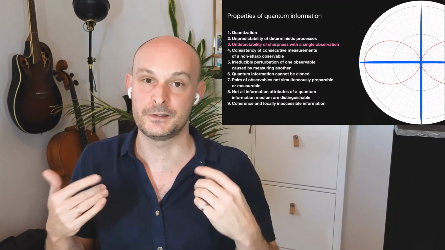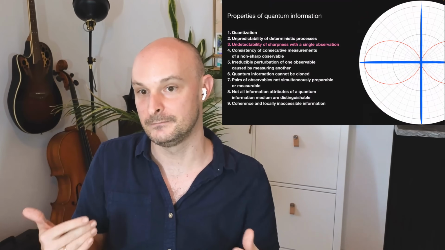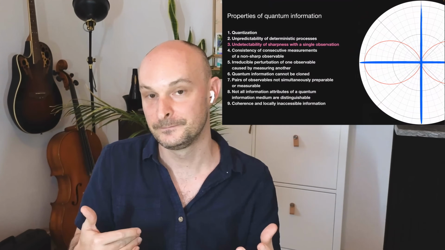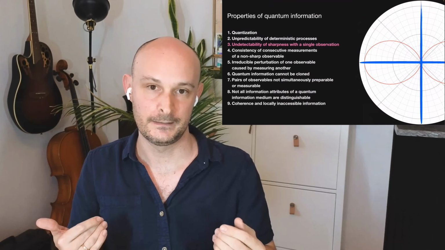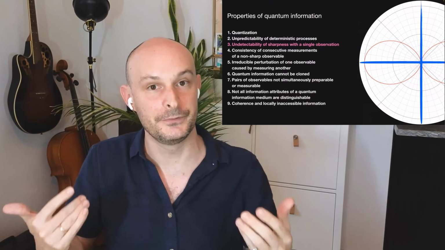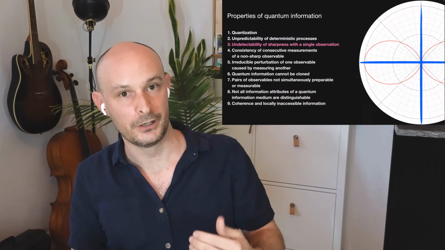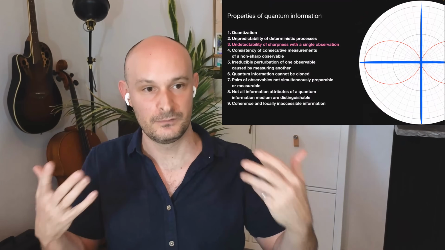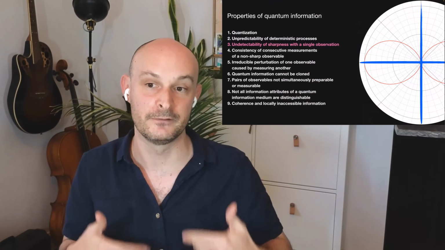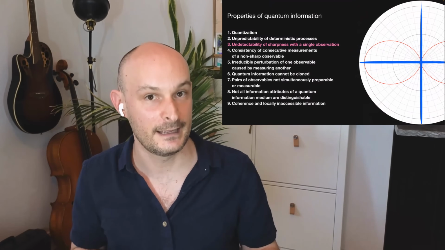And if you just saw a single photon get through or not get through a pair of sheets, well, you wouldn't know what the odds were. The only way to build up what those odds are is by repeating the experiment many, many, many times.